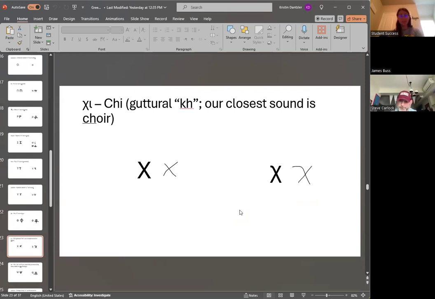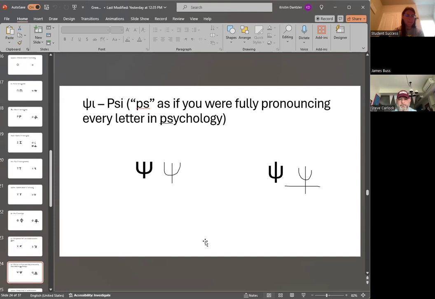Chi is probably my favorite letter. We don't really have much of an equivalent for this in English. Closest we get is choir, but it's more guttural than that. Uppercase is an X. Lowercase is a smaller form and it has sort of a little curve in that first line of the X. And that's psi, a PS sound.